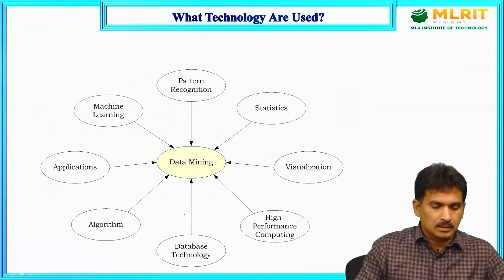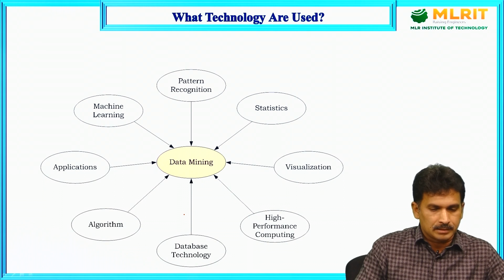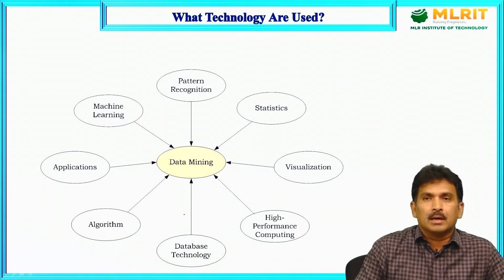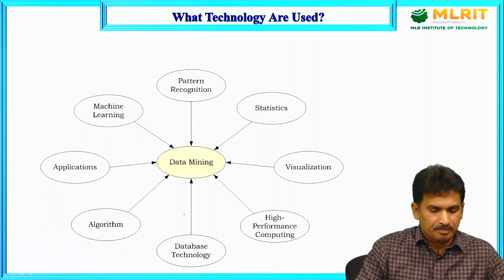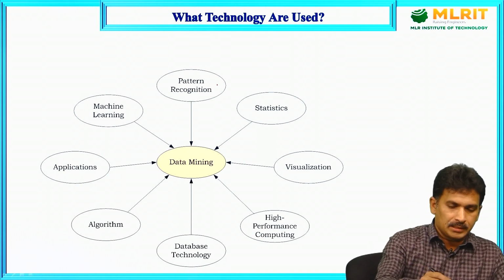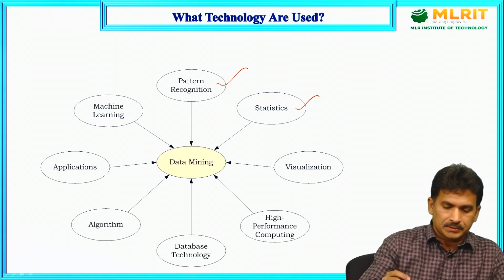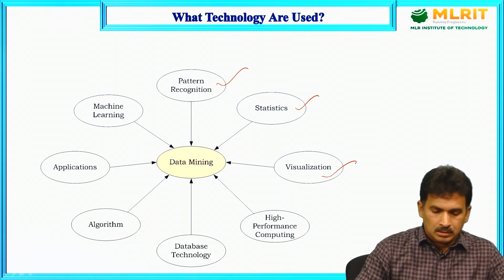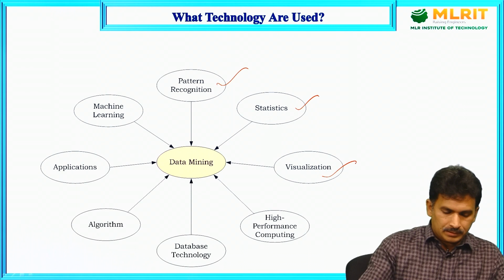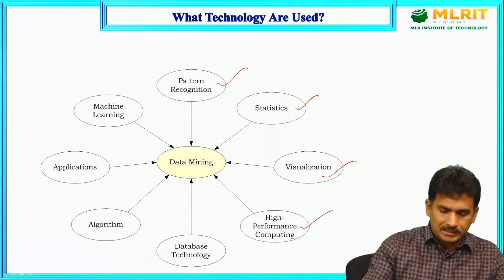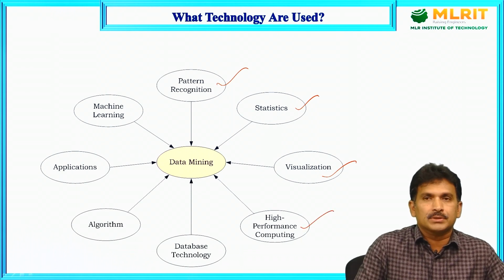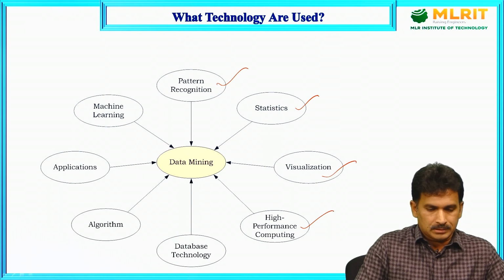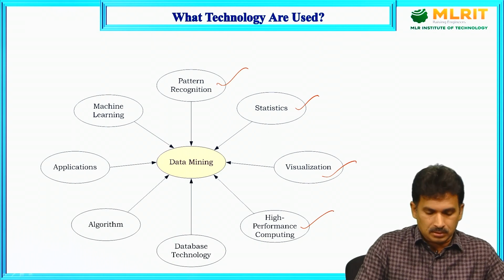So how is data mining related to other fields? We can see it is an interdisciplinary field. It is a combination of pattern recognition, statistics, visualization for easy understanding and analysis, and mainly high performance computing, because zettabytes, petabytes, and terabytes of data cannot be processed with normal computing machines.